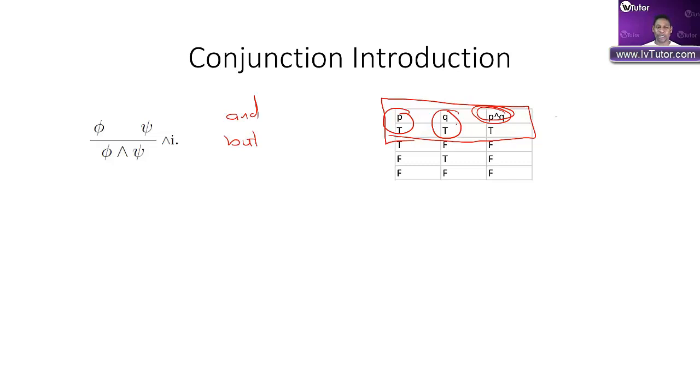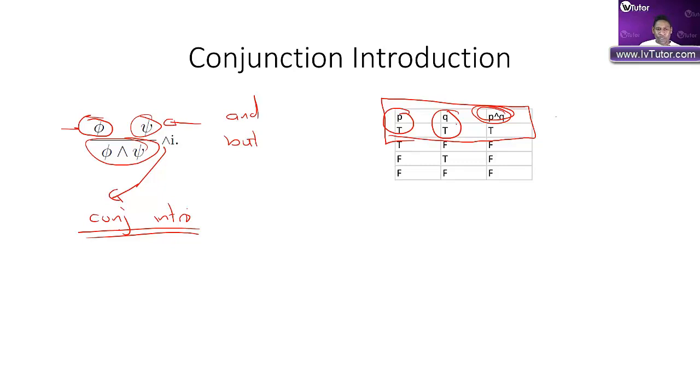So if you are given that phi is true and psi is true, then we can conclude that the conjunction of the two is true. We call that rule conjunction introduction. It is simple and self-evident.